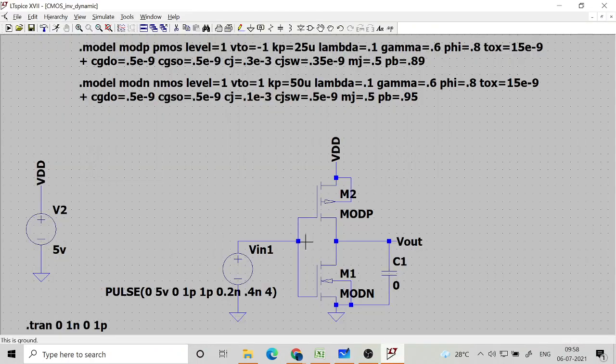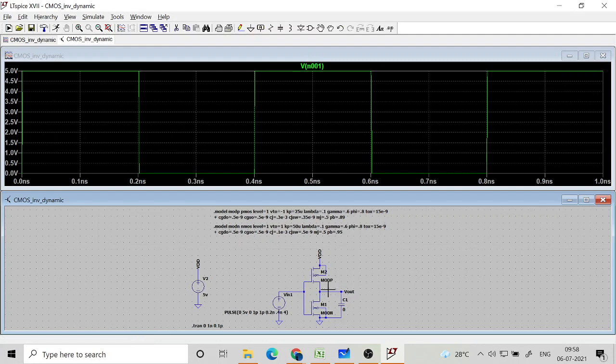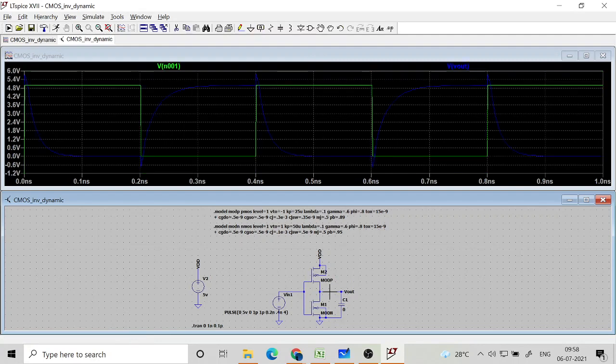If I do that, then I expect the same 11 point something charging and discharging time. So let us see that. This is our input, we have the output. Now if you find out, let us take the cursor.